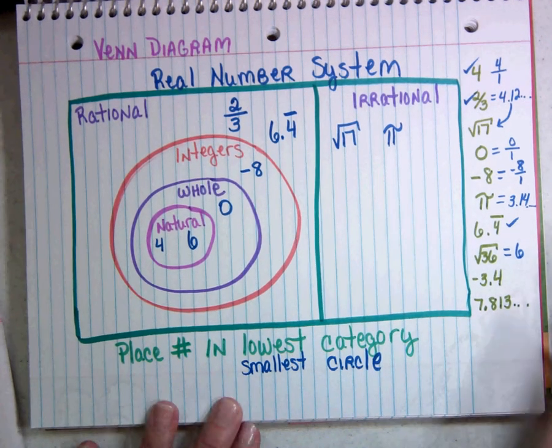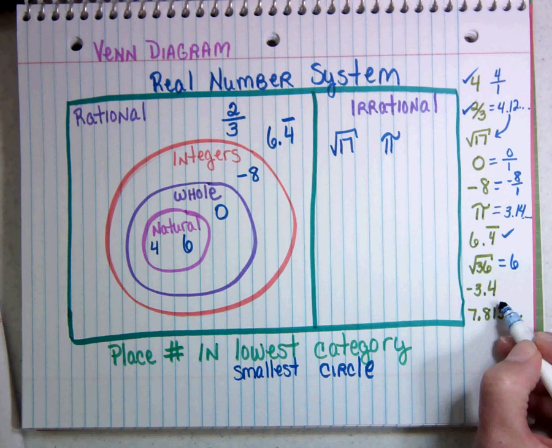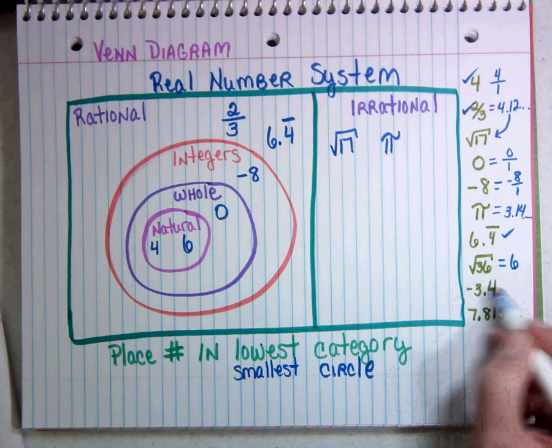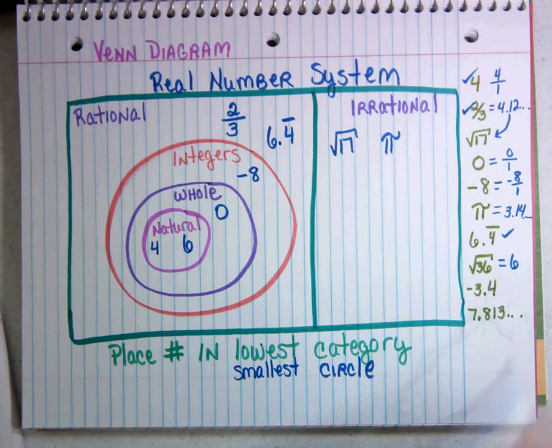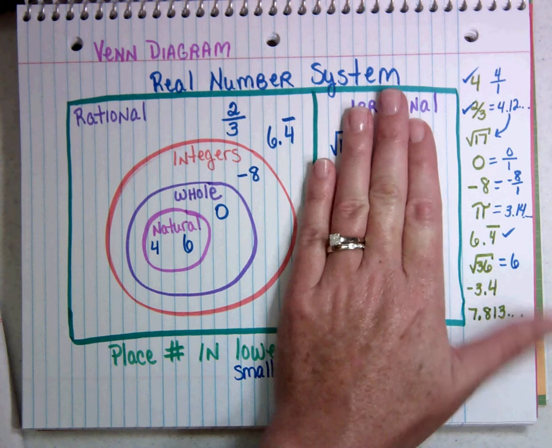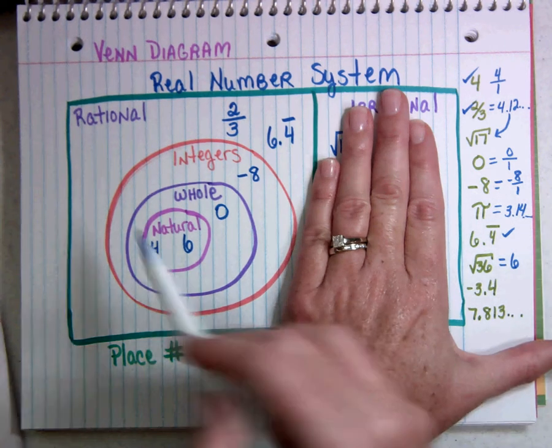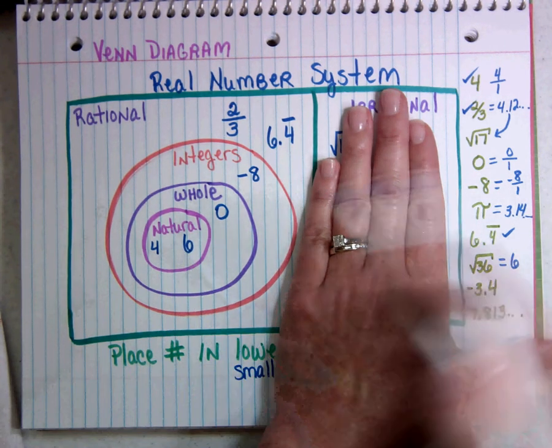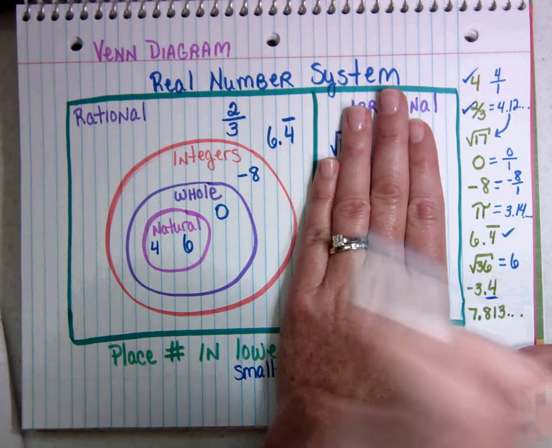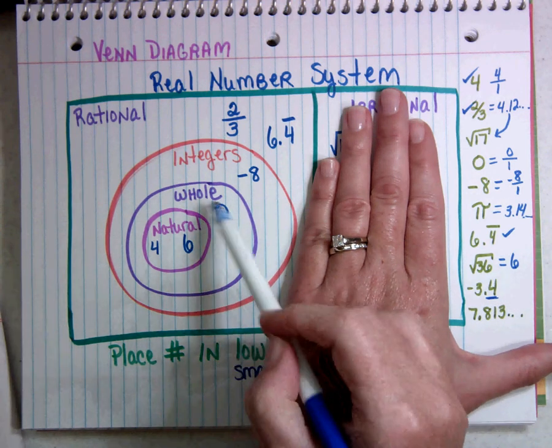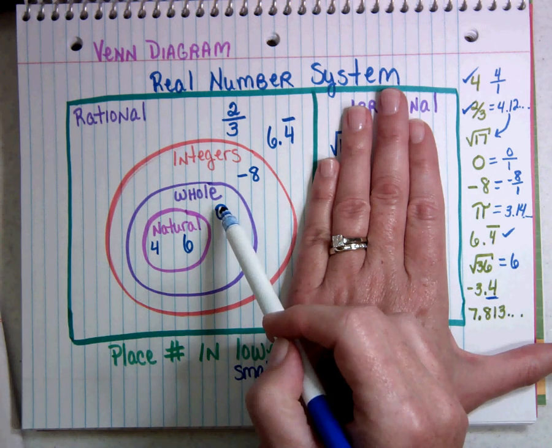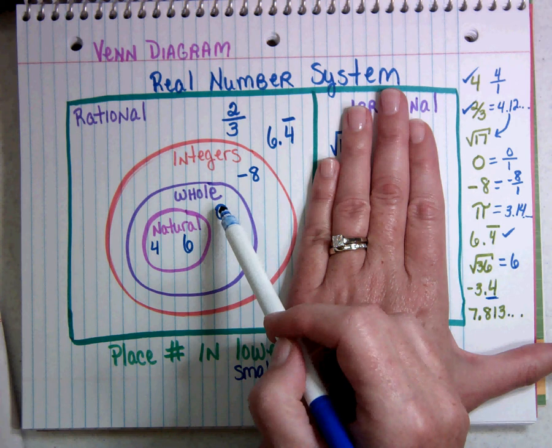Okay, 2 more. -3.4. It's a decimal. Can we write this ending decimal as a fraction? We can, right? So it's rational. Okay, is it natural? No, because it has this part to it. We don't naturally count with negatives. Is it whole? No, because it's 3 4/10.